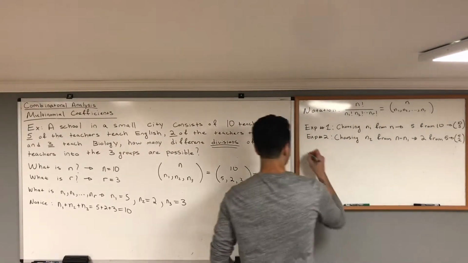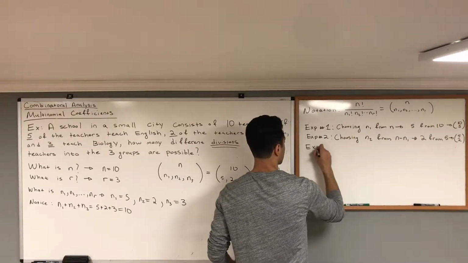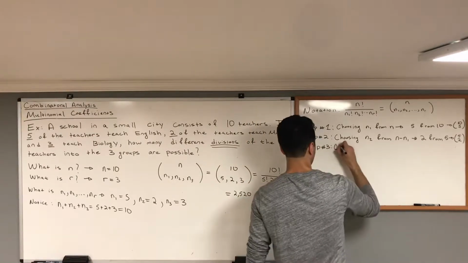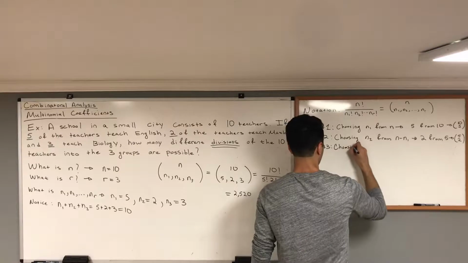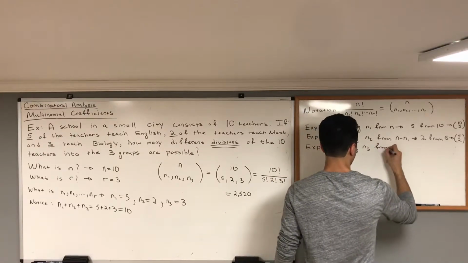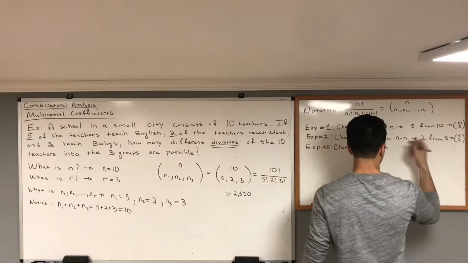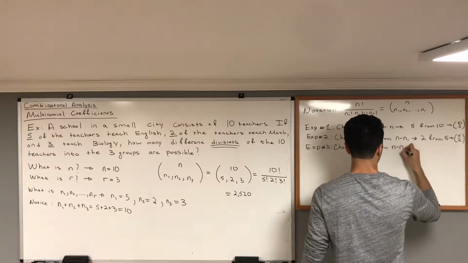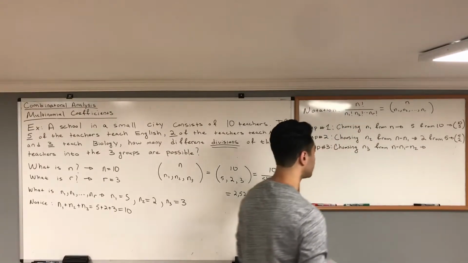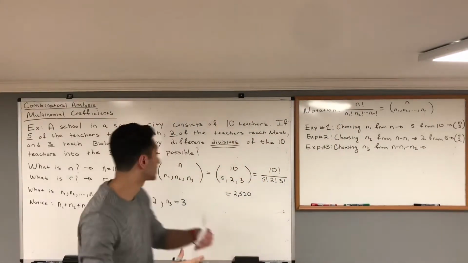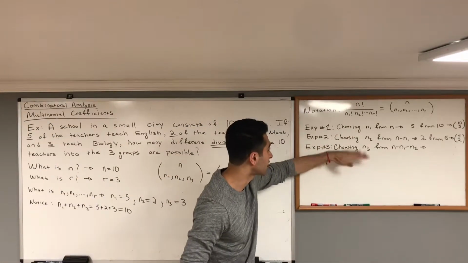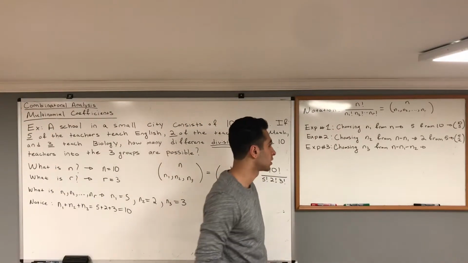And then finally, experiment 3, which is our last experiment because we only have 3 groups. You're choosing n3 from your new total number of items, which is n minus n1 minus n2, right? If you go back to your notes, when we first introduced multinomial coefficients, this is actually how we started, and then we came to terms with this.